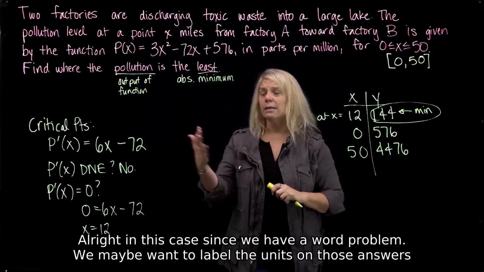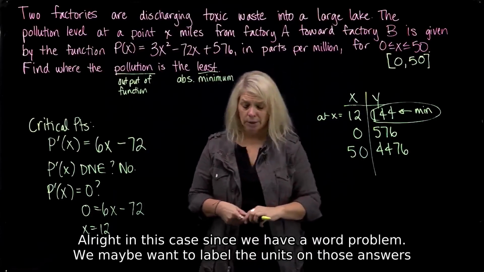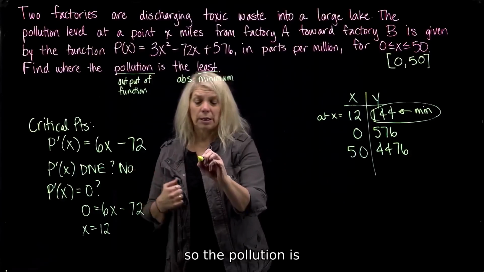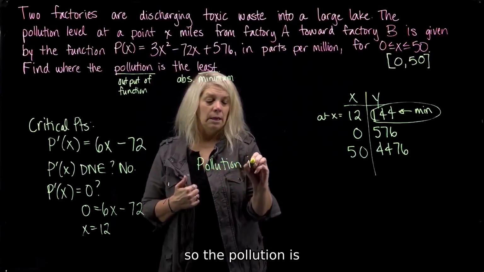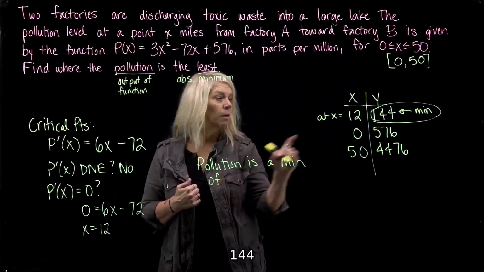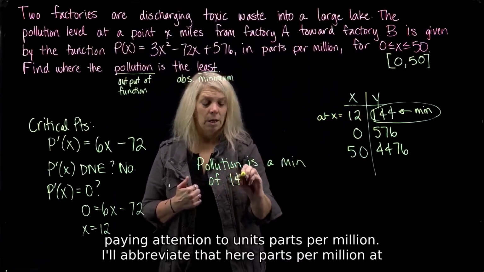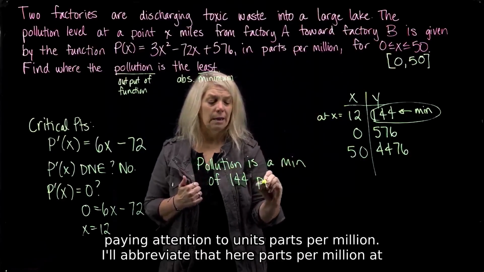All right, in this case, since we have a word problem, we maybe want to label the units on those answers. So the pollution is at a minimum of 144, paying attention to units, parts per million. I'll abbreviate that here.